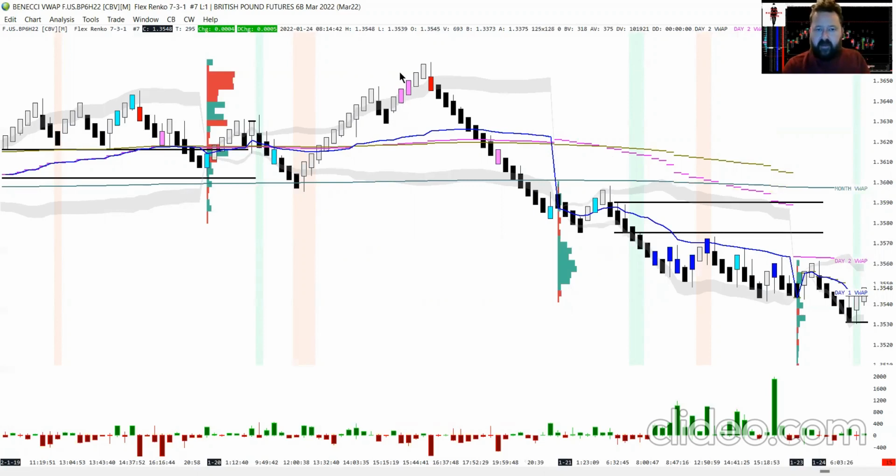Quite often, you can't use these and trade them blind. It doesn't mean just because you see that, the market's going to reverse and go the opposite direction. But you can use them as a quick visual aid to see the state of market participants and how they're positioning themselves.